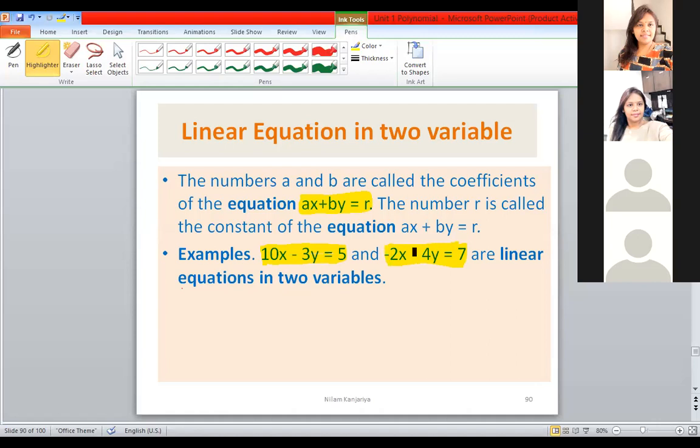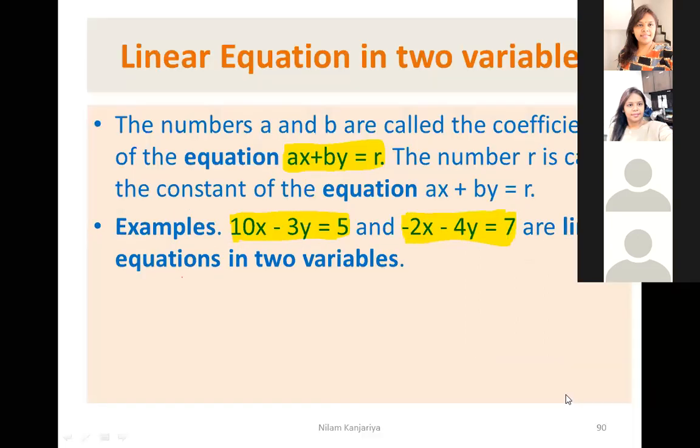And its question pattern is like this: a and b are both any real number. It may be positive, negative, rational, irrational, anything, but never zero. a and b can be taken from the set of real numbers, but not zero, because if I put a and b both zero, there is nothing left.